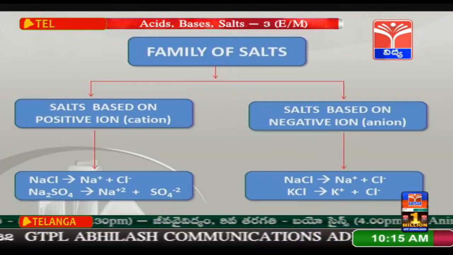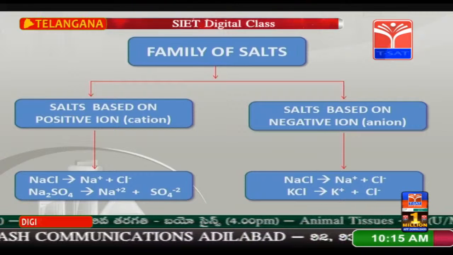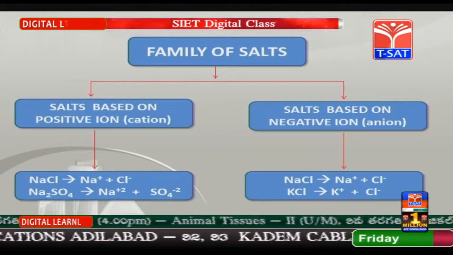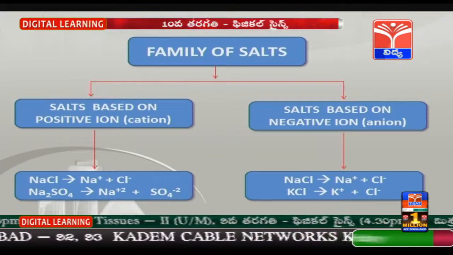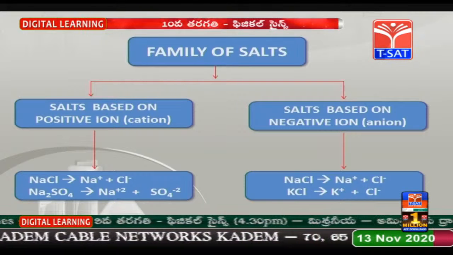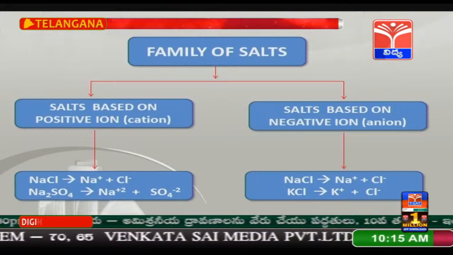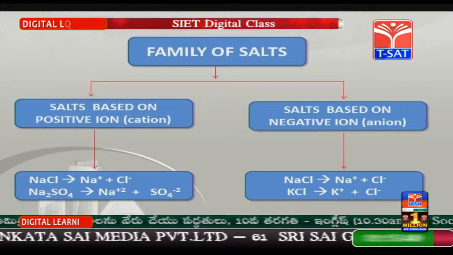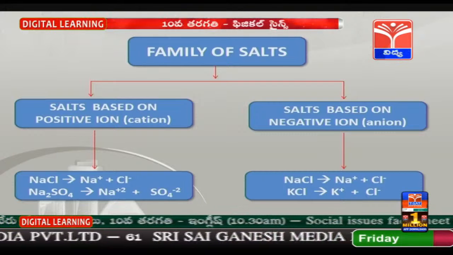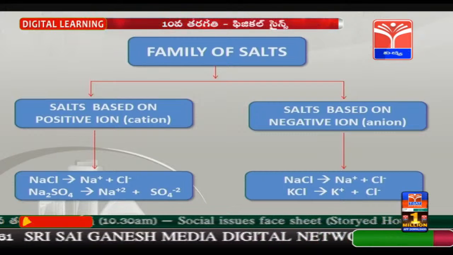The next category is salts based on negative ion, that is anion. We know whenever NaCl dissociates in water, it forms Na+ ions and Cl- ions. What is the cation here? Yes, it is sodium. What is the anion here? Yes, it is the chloride ion.